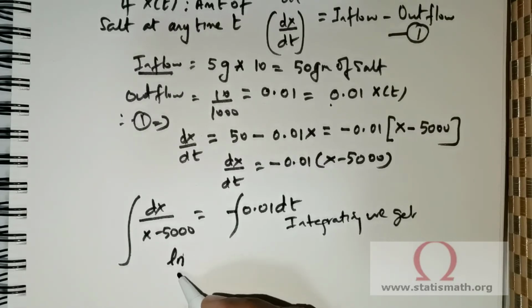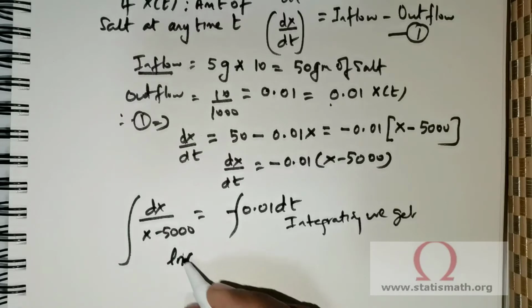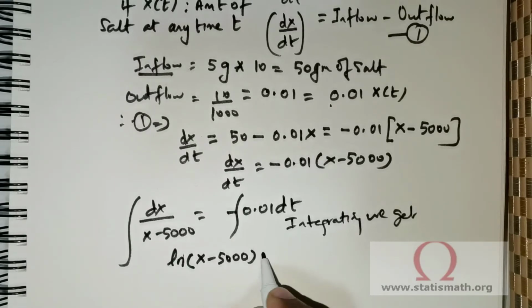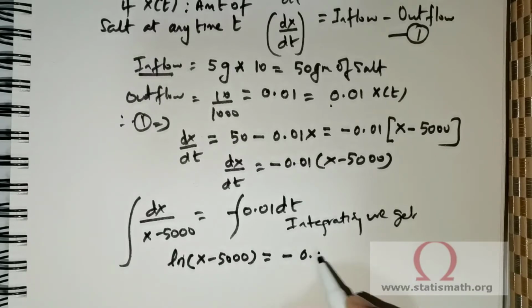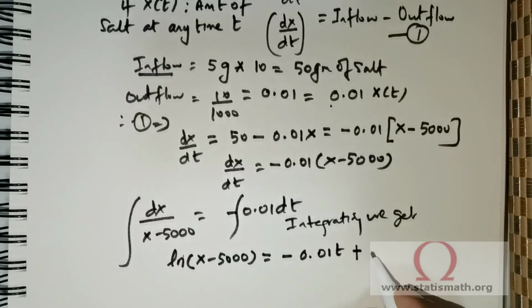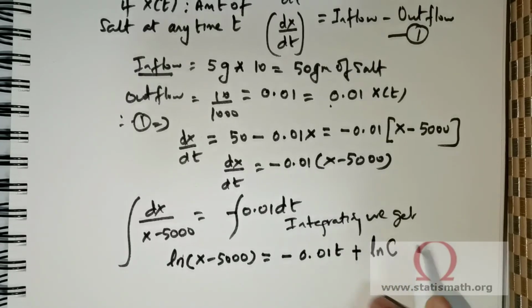You will understand why. This is going to be ln of (x minus 5000) is equal to negative 0.01 times t plus an arbitrary constant c. But I'm not going to use c, I'm going to use ln c.